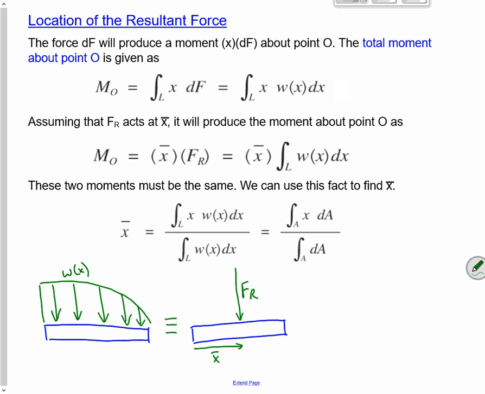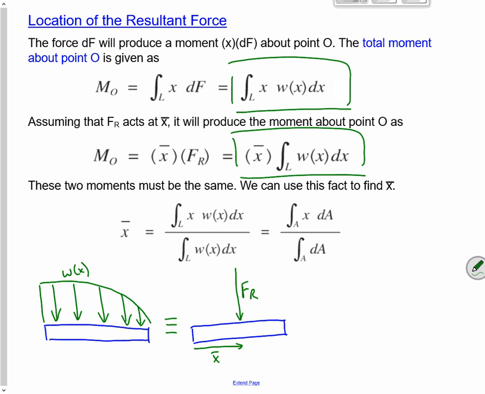In order for them to be equivalent, not only does that force have to be equal to the integral of that w of x, but the moment also has to be the same. And so the way I find x bar is by setting those two moments equal to each other, setting this equal to this, and then solve for x bar.